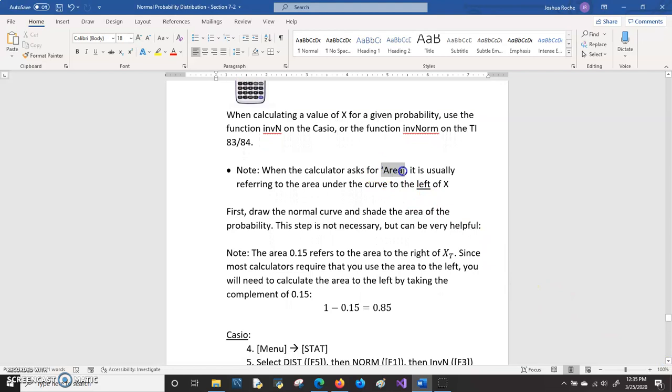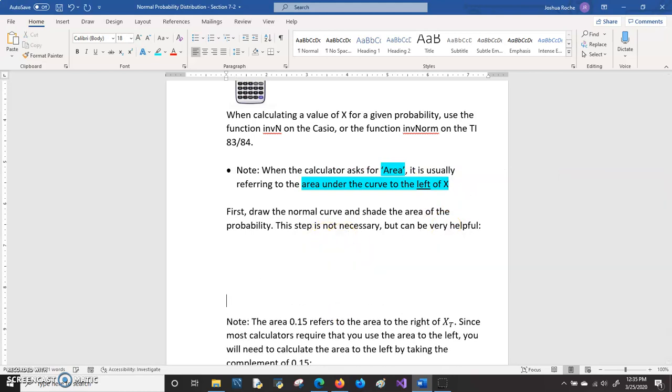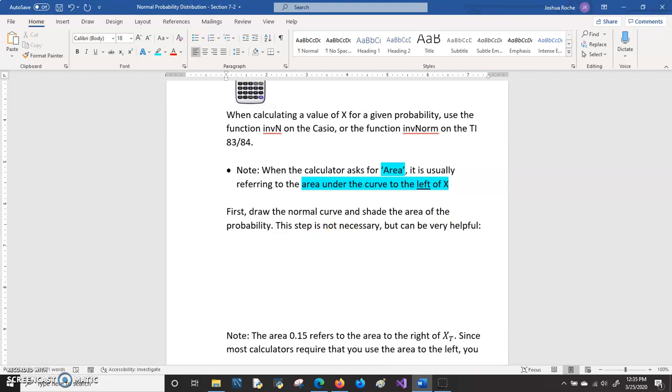Remember also that when using the calculator or the table, usually you want to use the area to the left of x that's on the curve. Curve looks like this. Here's xt.